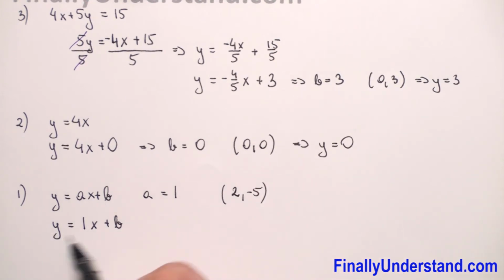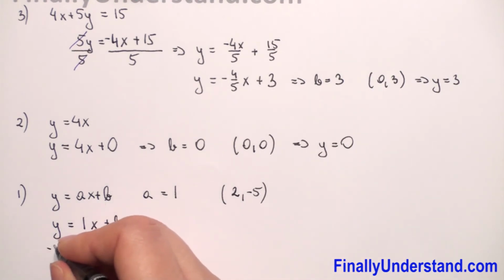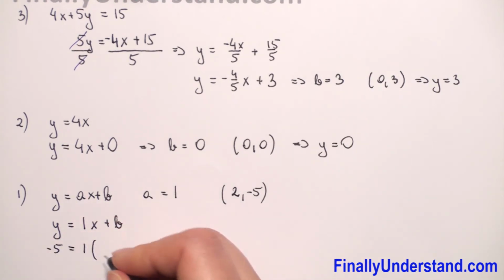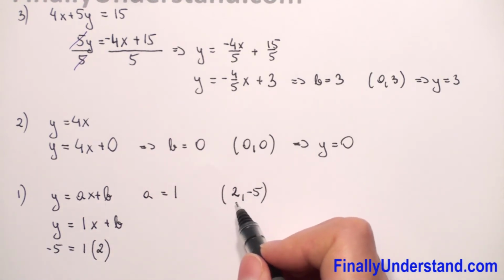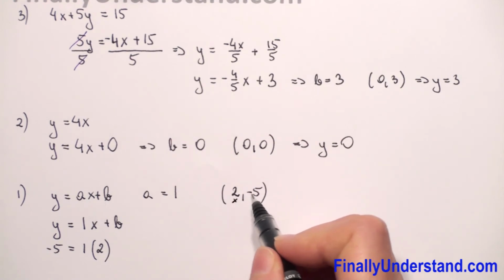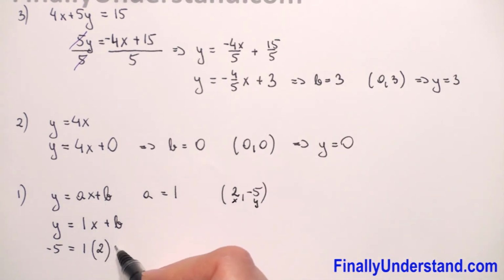So we can substitute in our equation y by negative 5 and x by 2, because this line passes through this point. Plus we have b, so we have only b unknown.